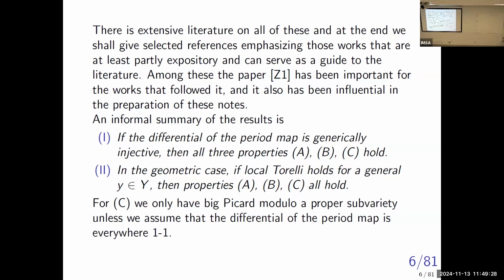There, the necessary and sufficient condition is that the monodromy group, which we'll talk about, should be finite. So it's a topological condition that is necessary and sufficient that the family of Hodge structures doesn't vary non-trivially.